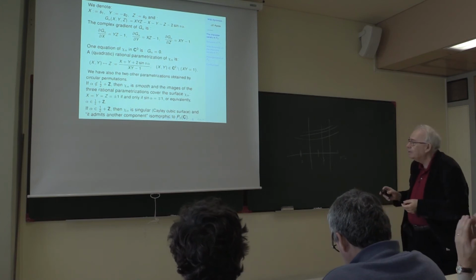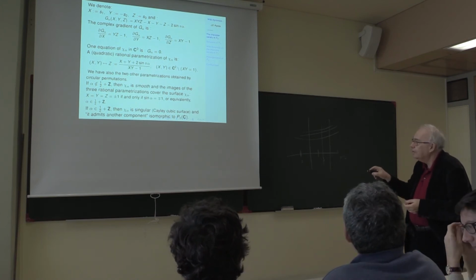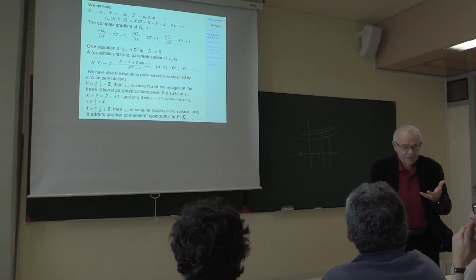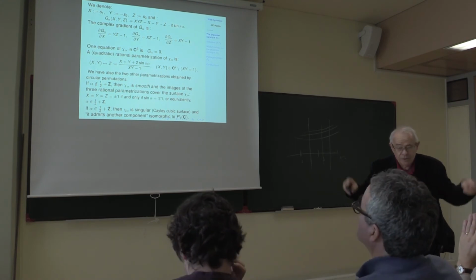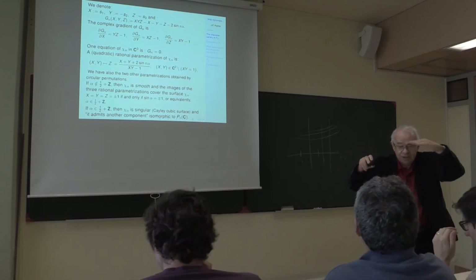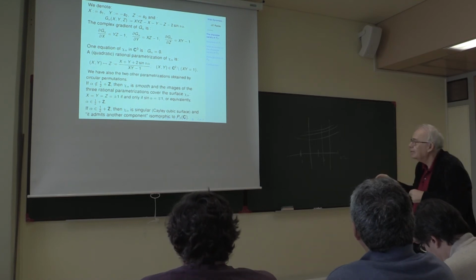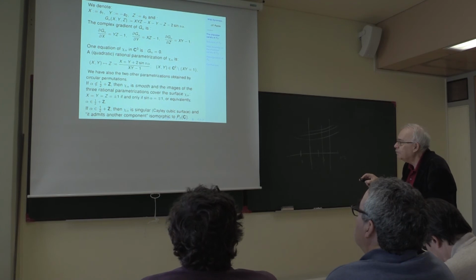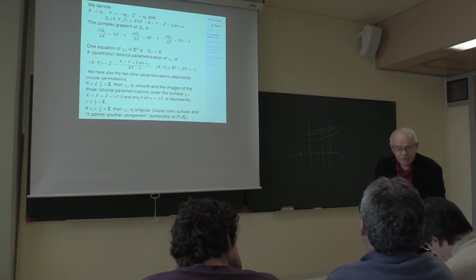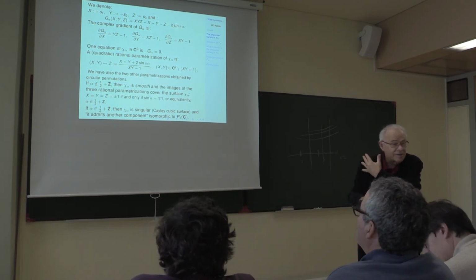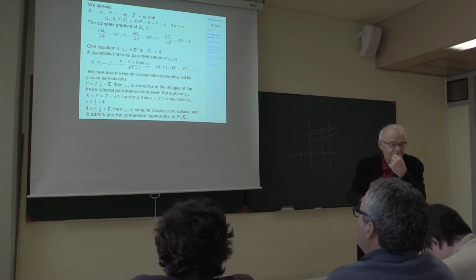A particular case is alpha equal to 1 over 2 modulo Z. If it's not the case, then the cubic is smooth, but not the projective cubic: if you look at infinity, you have three singularities of type A1. But if alpha is equal to 1 over 2 modulo Z, then you have a new singularity at finite distance. So you have 4 A1 singularities. It is the Cayley surface I showed you before.